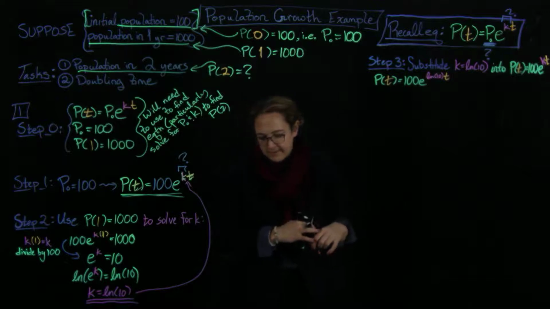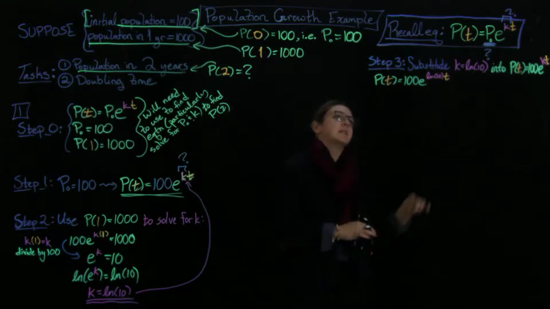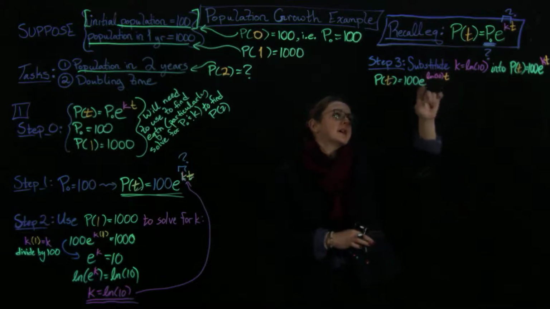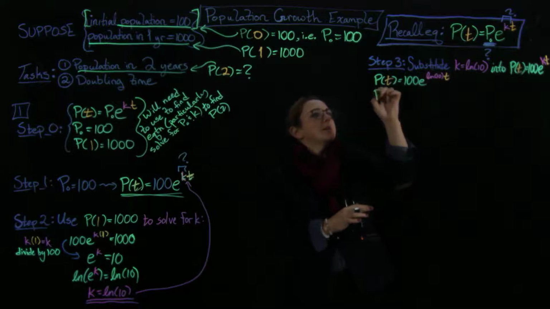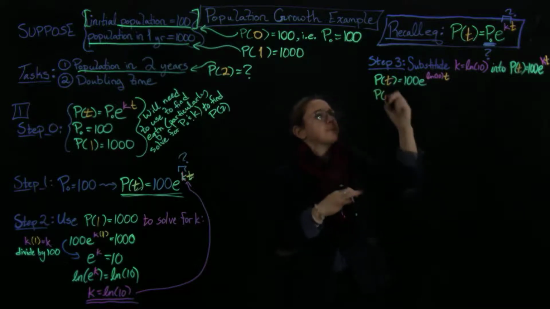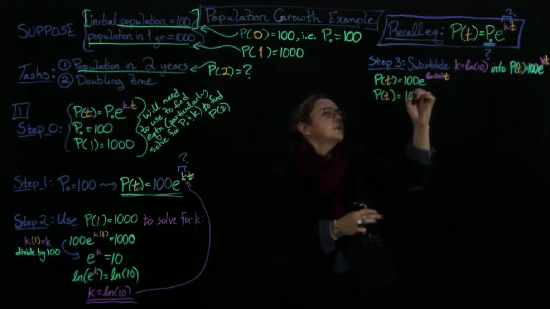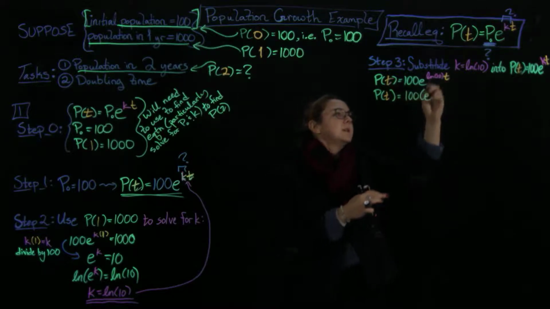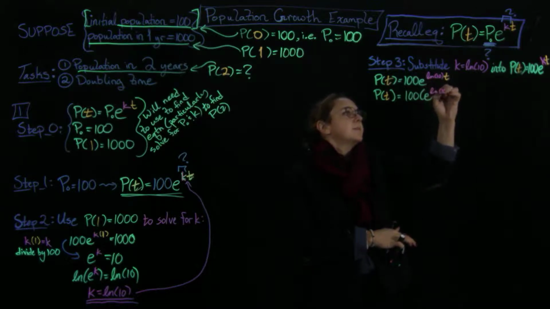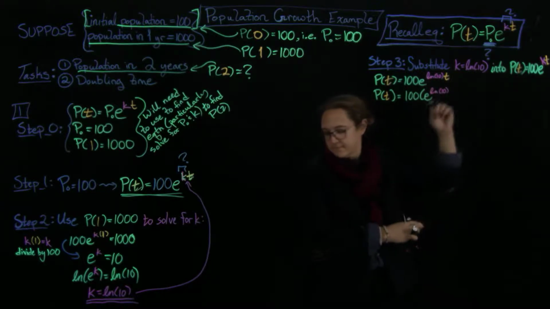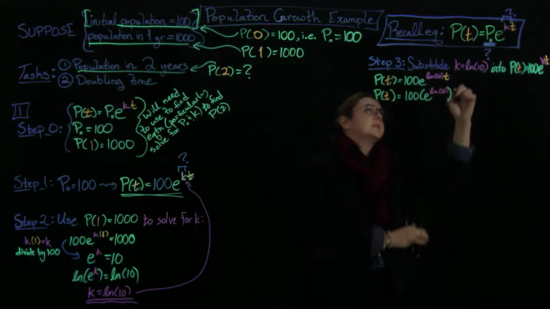Now what happens, we can do this kind of funny thing. There's a product up here, so we can rewrite that. So this is actually going to give me P of t equals 100, and then I can put e to the natural log of 10, and then to the t power.